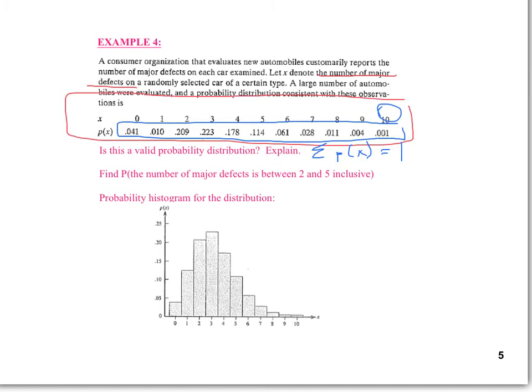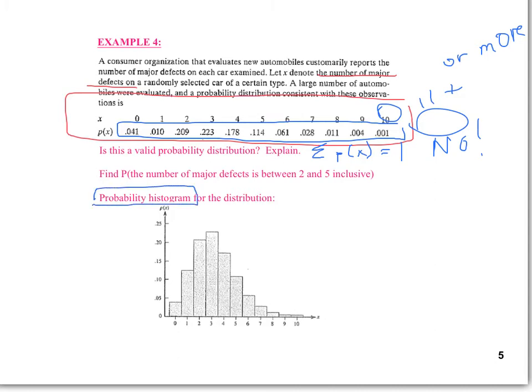And according to my records, it does not equal 1. So it is not a valid probability distribution. You'd have to add 11 or more to complete the probability distribution so that it totals up to 1. We can, however, use this probability histogram.